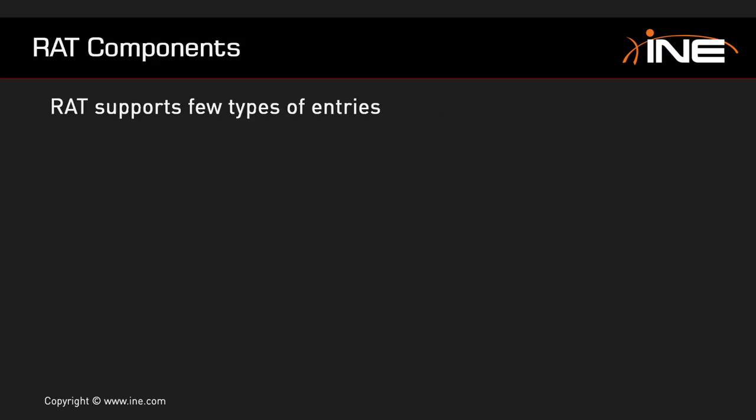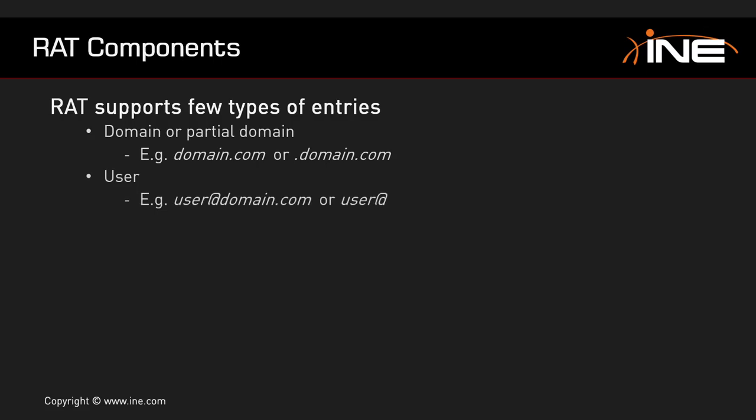The main component of the recipient access table is an entry or a series of entries which define a domain or domains for which we want to accept messages. We can specify the entire domain as your condition, or use a dot and then specify a domain, which is how you would allow emails to your subdomains. You can be more specific and build entries for individual users, for all domains, or at a given domain.